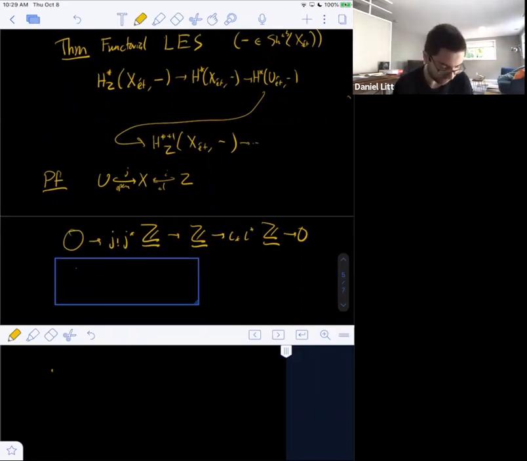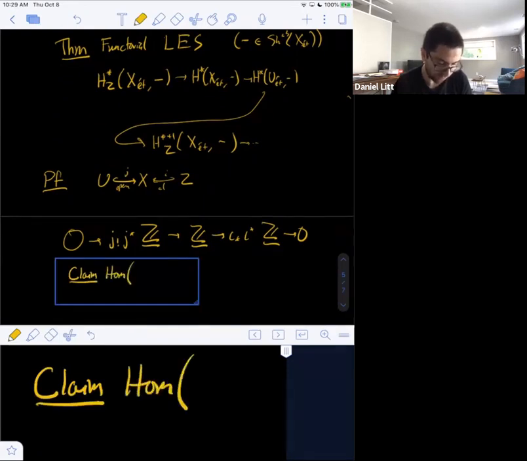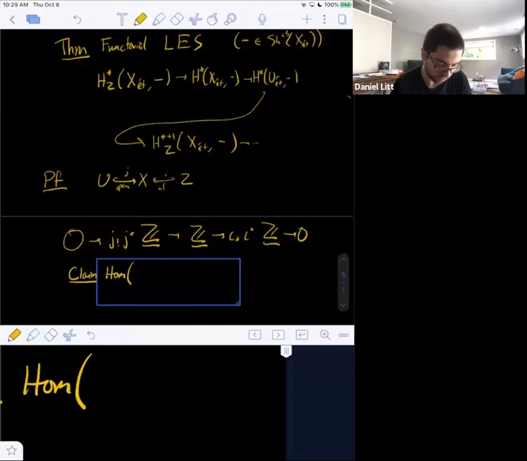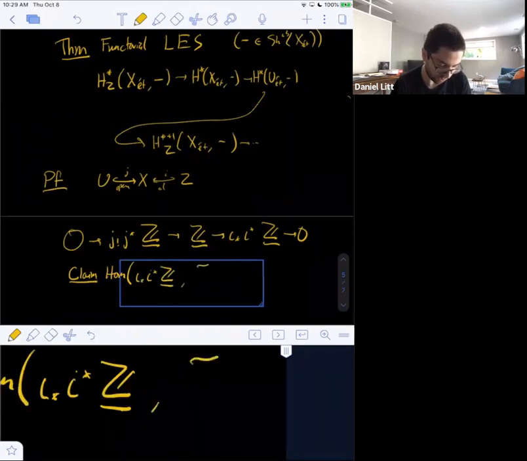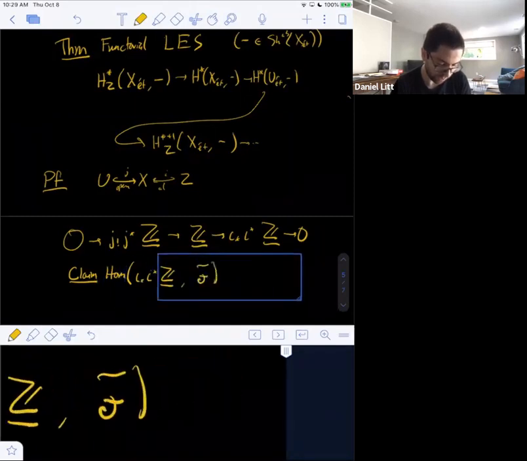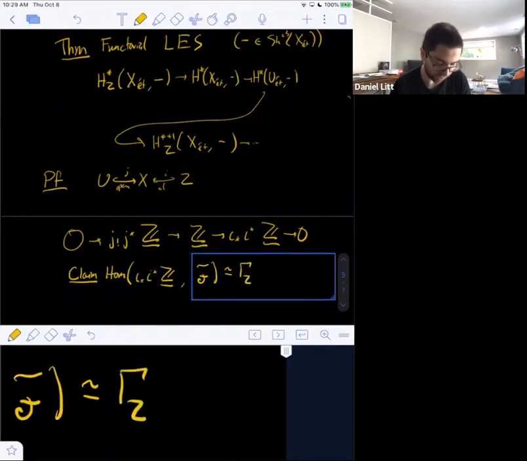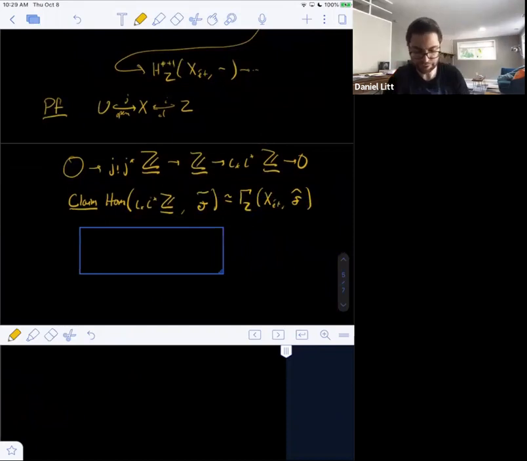So the claim is that Hom from I lower star, I upper star, Z into an abelian sheaf F is isomorphic to global sections with supports in Z of X, F. Can anyone tell me why this is?